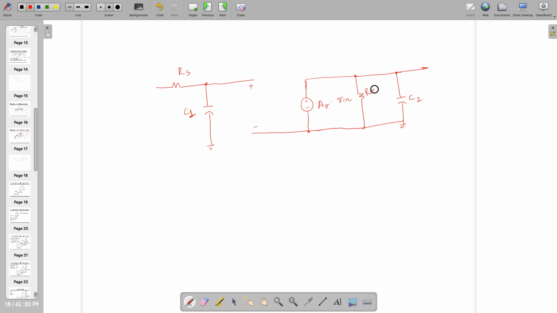Let's call this one as R out, and of course there was some R in, but in ideal condition this is the case.